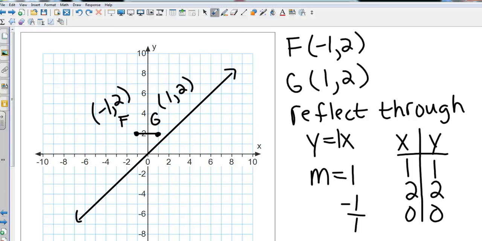And so you can see, and let's see, how do I want to draw this? Down 1 to the right 1. So I understand that my line is going to go, I'm going to draw this one as dashed.